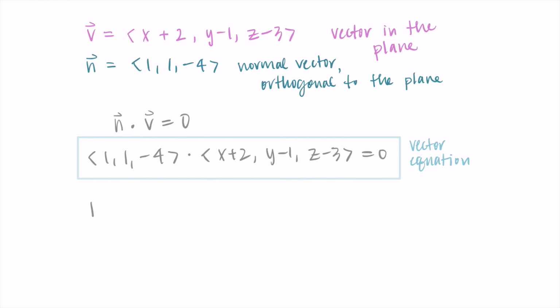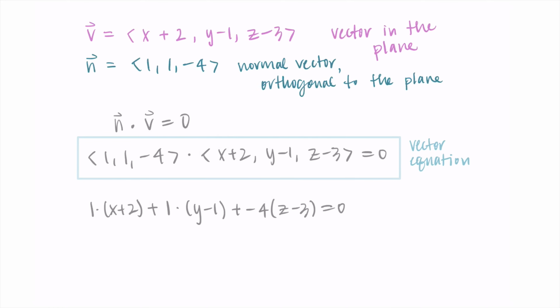So I have 1 times x plus 2, so that's my first x component and my other x component multiplied together. Then I add it to 1 times y minus 1. Those are my y components. And then I add it to -4 times my z component. And this is equal to 0. So I'm just computing the dot product and I know it's equal to 0.